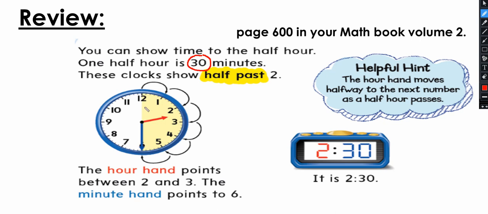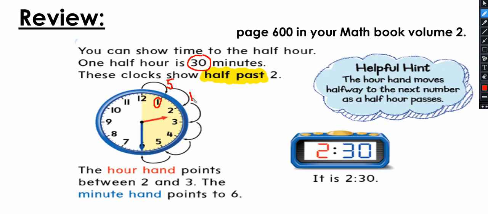Now, we are going to use skip counting here. We have to know that each number in the clock means 5 minutes. So each time we see one number is as if we are skip counting 5 minutes. So let's skip count together. If the minute hand points to 1, it will be 5.